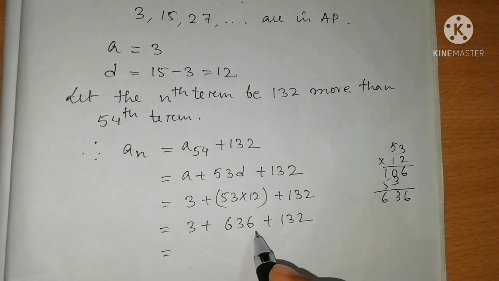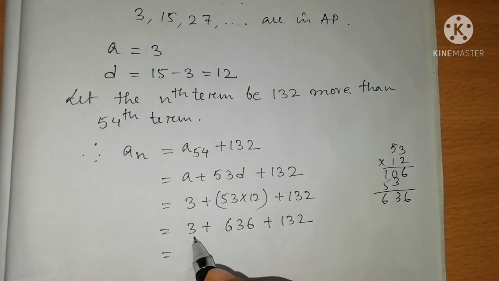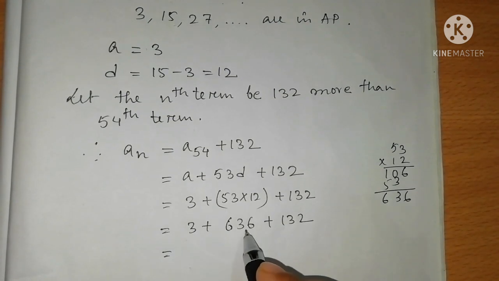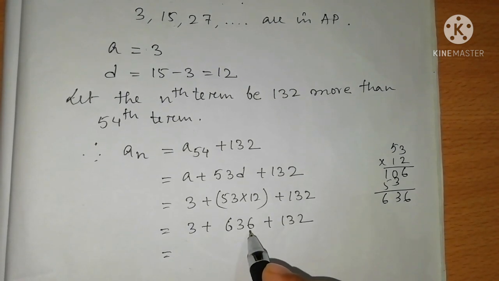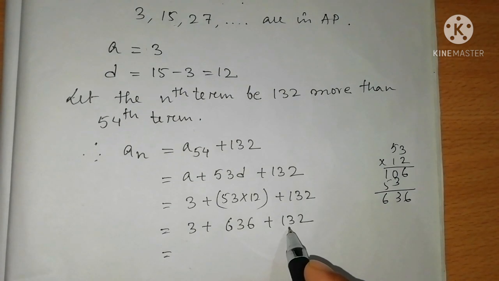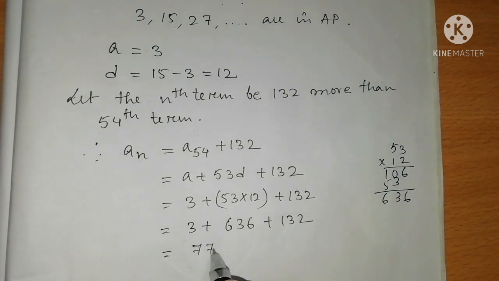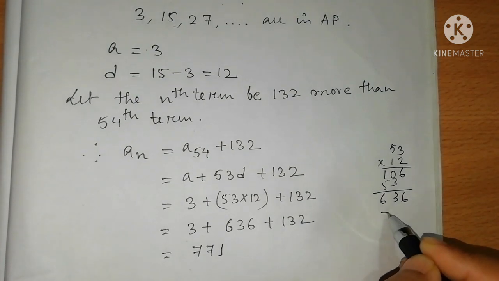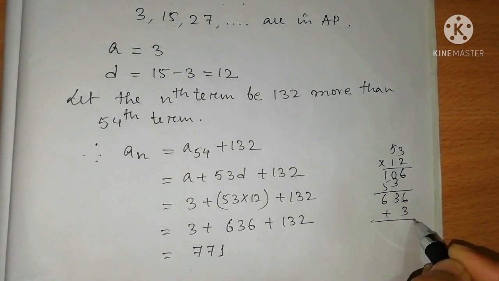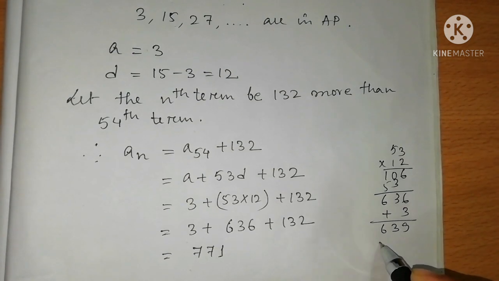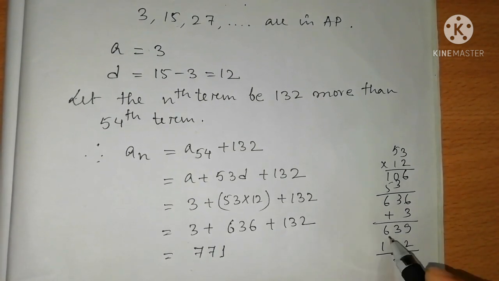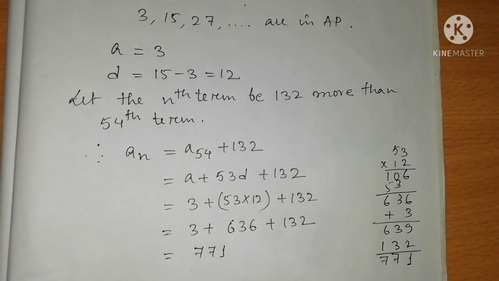So by adding these numbers, 636 plus 3 will be 639, and 639 plus 132 will be 771. So 771 is the nth term.